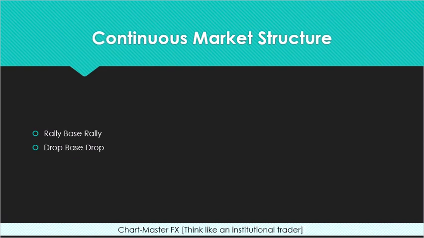Let's go to the continuous market structure. We have two types of continuous market structure: the rally base rally and the drop base drop. Which means the trend is actually continuing. So when we are looking at continuing market structure, we will be looking at these things.